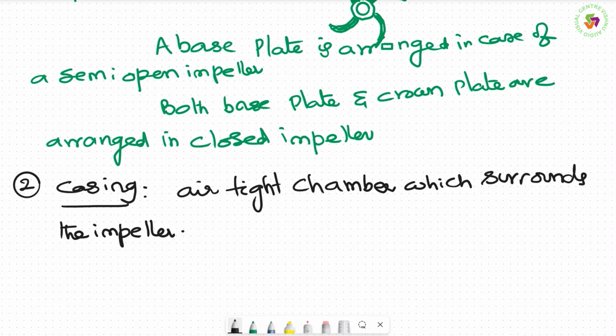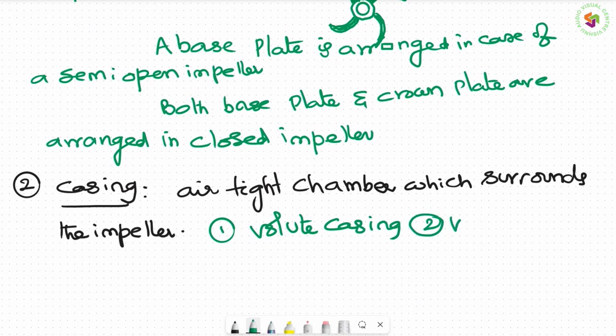There are different types of casing. Number one is volute casing, second one is vortex casing, and third one is diffuser casing.